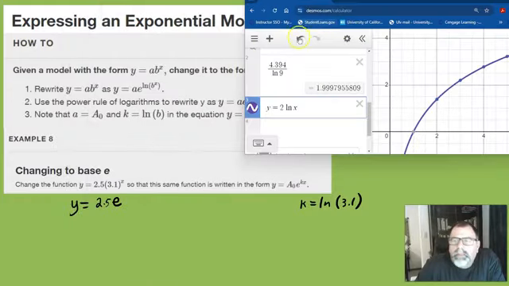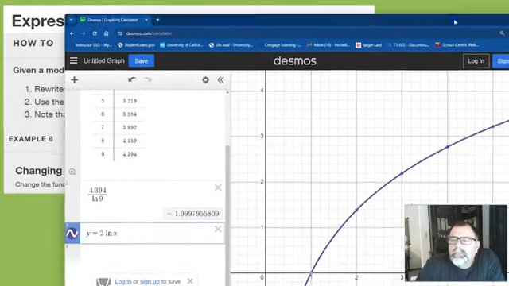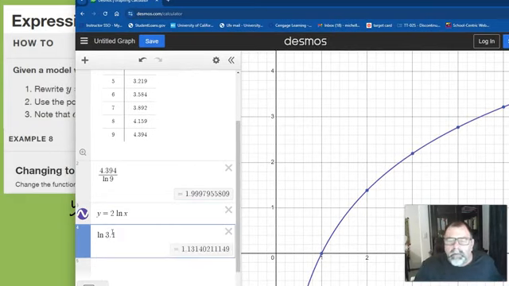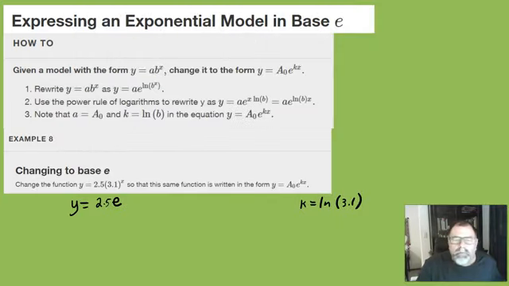So if we punch that into our calculator, ln of 3.1, so it's 1.131. We'll go out 3 places. That's good. So 1.131, and then x, and that's it.